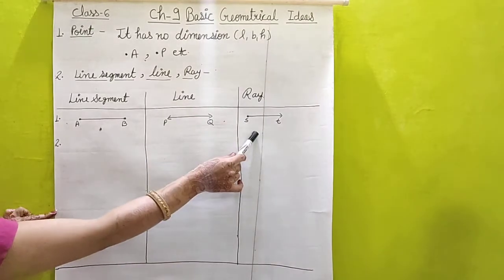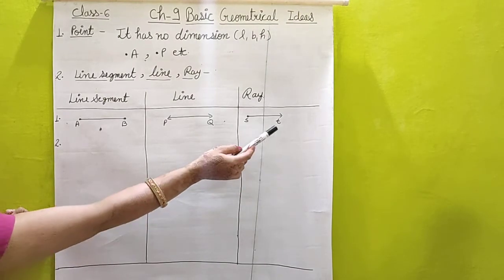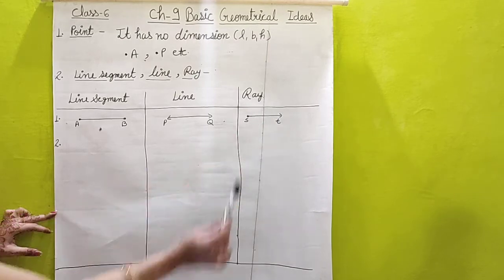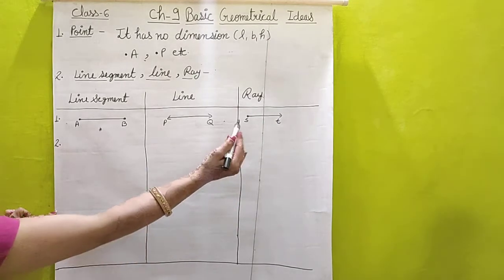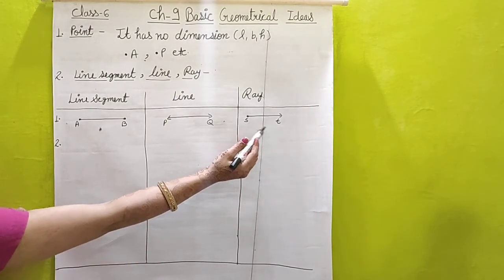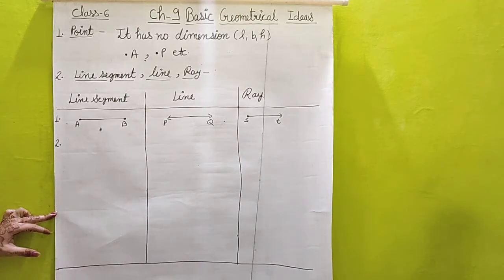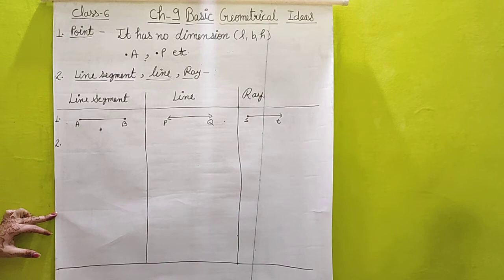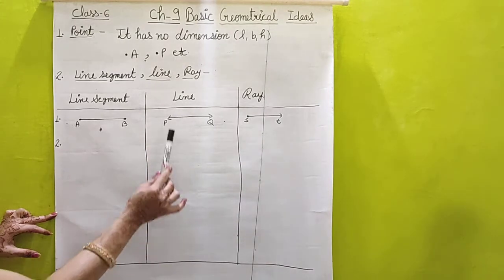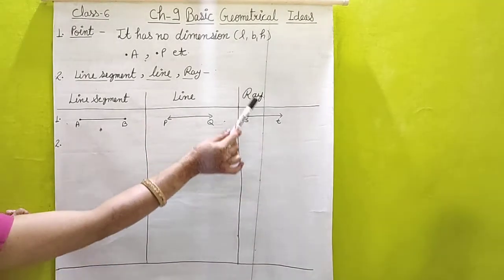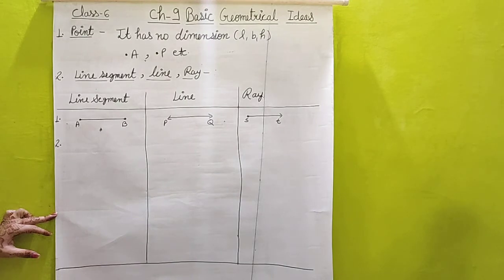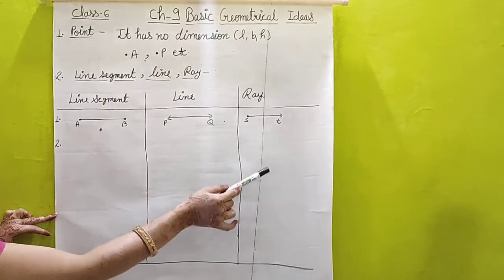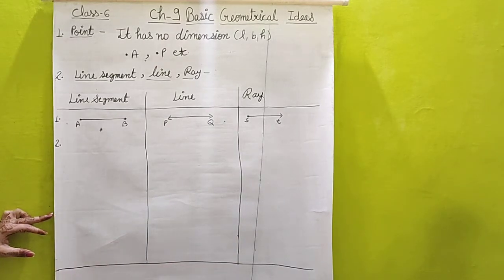Now ray, students, you can see ray S and T. S is the endpoint and T is the arrow. It means point S is fixed but point T we can produce. It means a ray also does not have a fixed length. In a line there is no endpoint and in a ray one endpoint is given. A ray also we cannot draw on a plane.